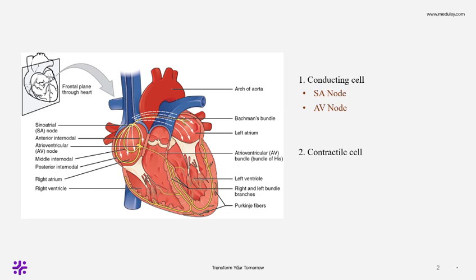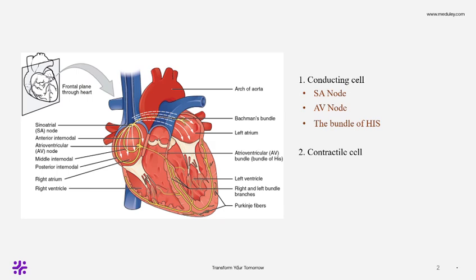Now the next one is the bundle of His. The bundle of His is a collection of heart muscle cells which is specialized for electrical conduction, and these cells receive the impulse from the AV node.